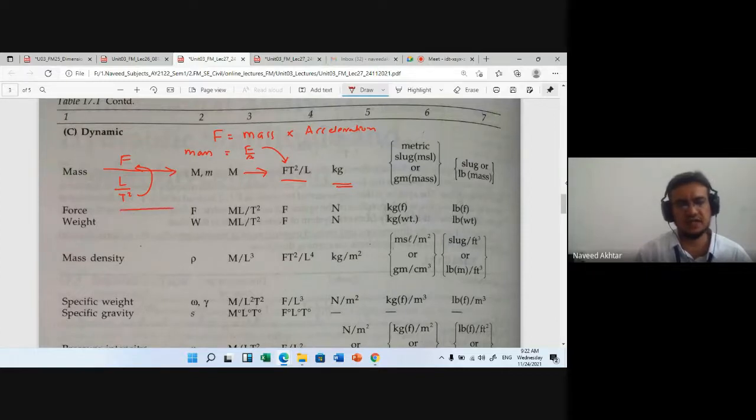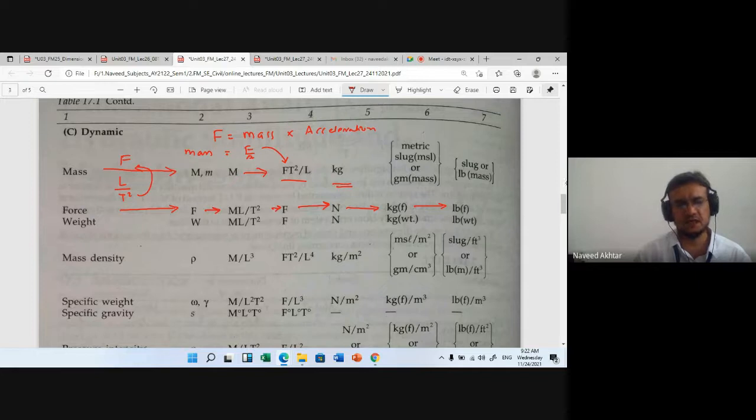Force F we measure in Newton. In the MLT system, it is MLT square, that is mass into acceleration. In the F system, it is F, and in SI unit it is Newton. In the metric system it is kgf, and in the foot-pound-second system it is denoted by pound.